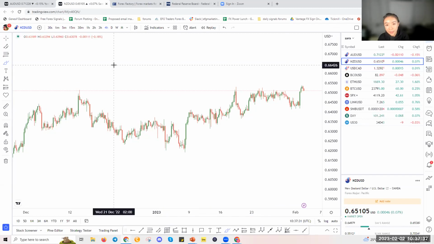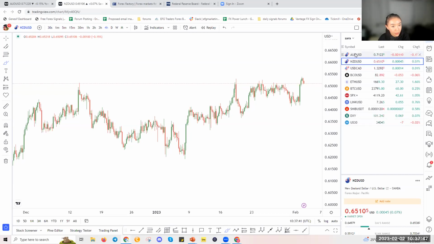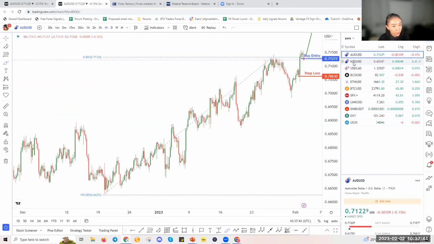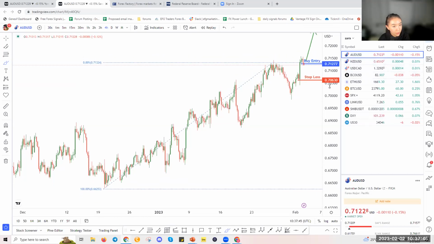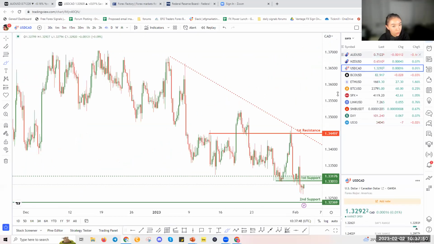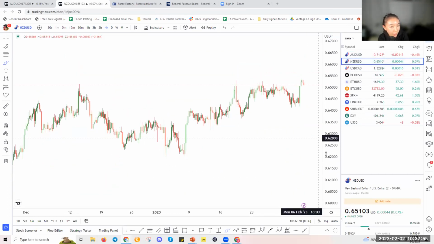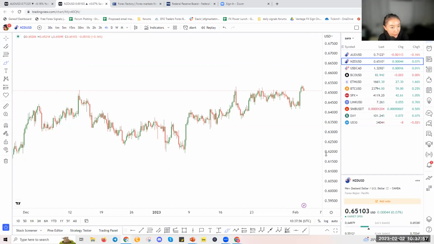Okay, so now let's look at the 4-hour time frame of the Kiwi dollar. As we can see, now our price is at 0.65.